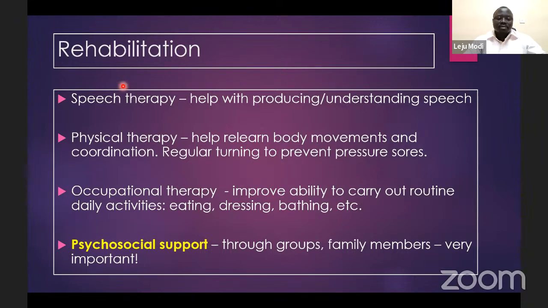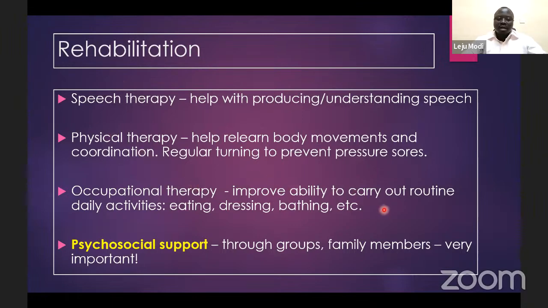Others need physical therapy or physiotherapy, which will just help them to relearn body movements, how to lift your leg, how to lift your arm, and then how to coordinate it to pick up something and maybe put it somewhere. So all that is physical therapy. That is important. And during this also, they need to be regularly turned in bed to avoid the pressure sores or the pressure ulcers that I just described moments ago.